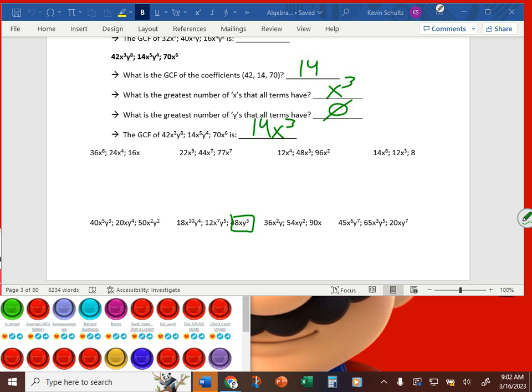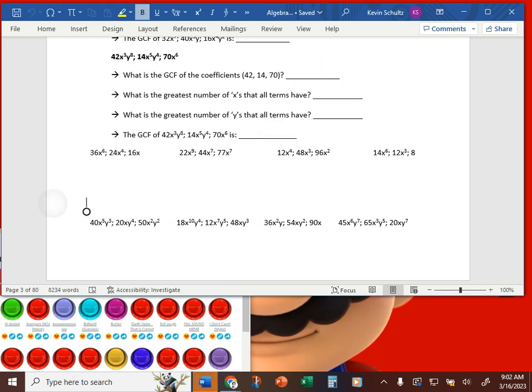Okay, remember that order of operations, exponents come first. So what is the base of that exponent of 3? Right?